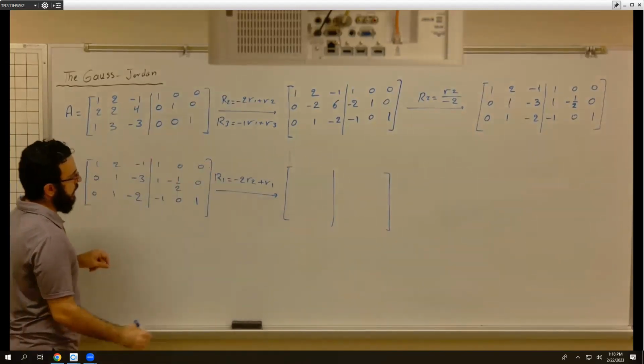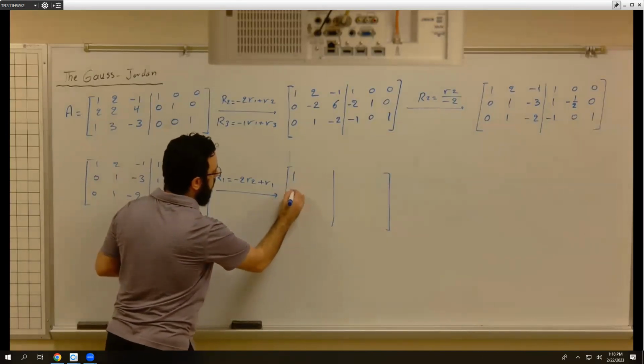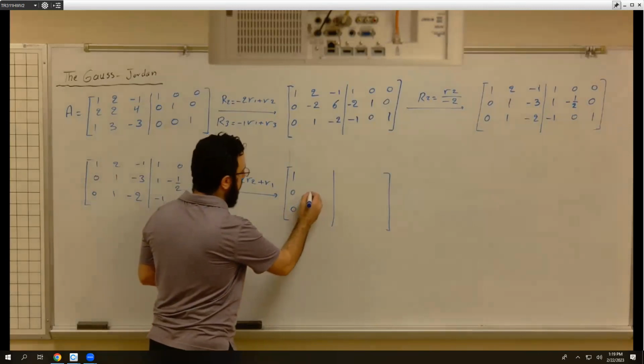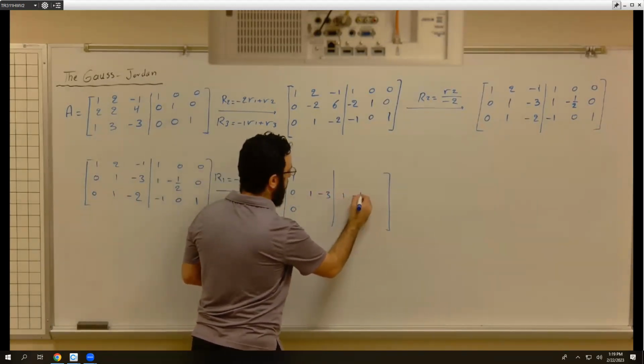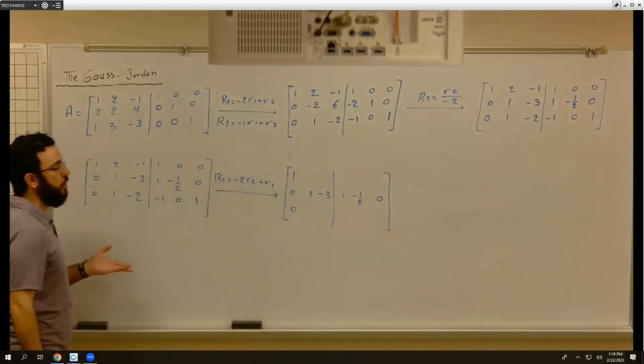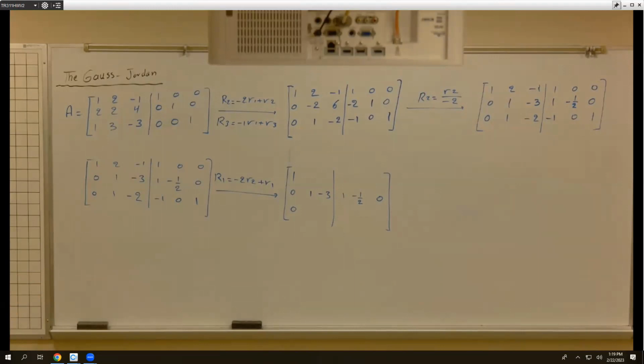This is going to be the same: 1, 0, 0. And here is 1, -3, 1, -1/2. Because there will be a change on the second row.